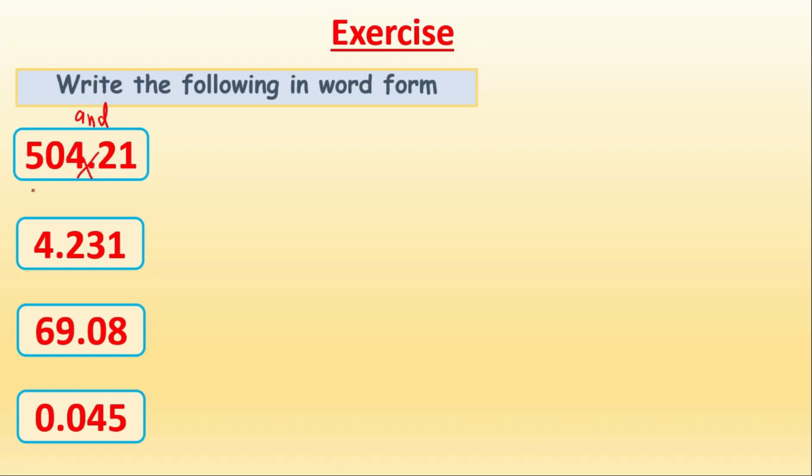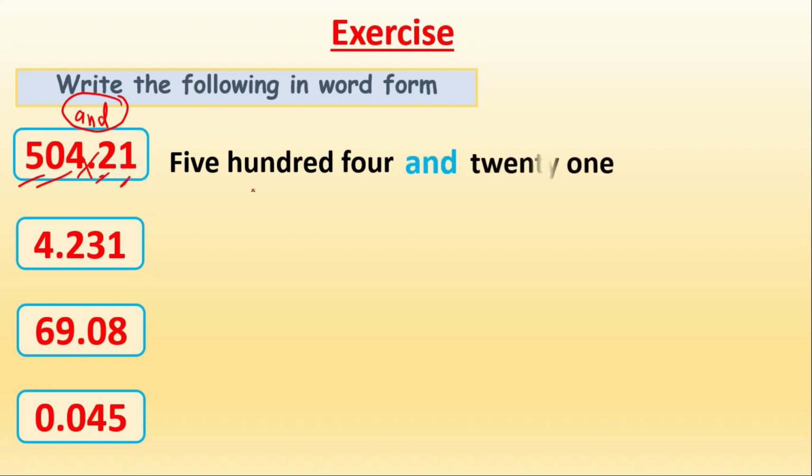And then write starting from the left. Write 504, write the word and in place of the decimal point, and 21 what? 21 hundredths. Don't forget to write the place value of the last digit.